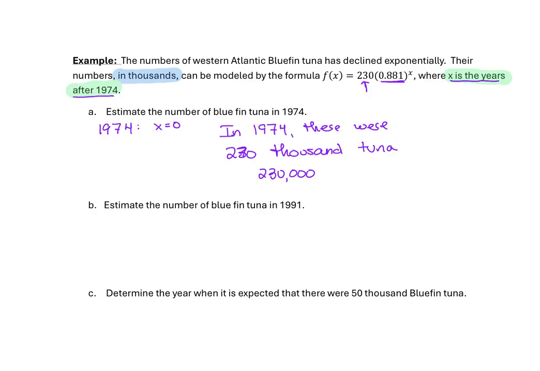It says estimate the number of bluefin tuna in 1991. The first thing we need to figure out is what is x. So we're going to go 1991 minus 1974. I believe this is going to be 27.